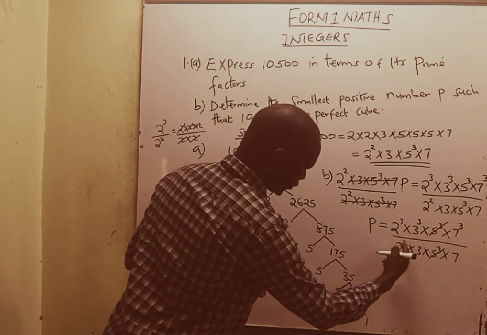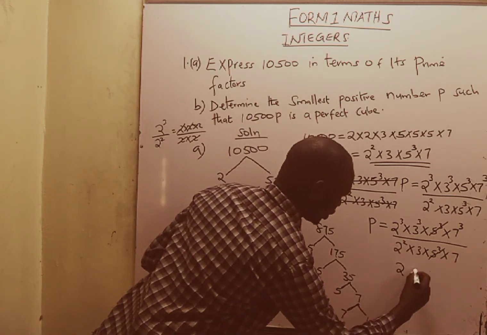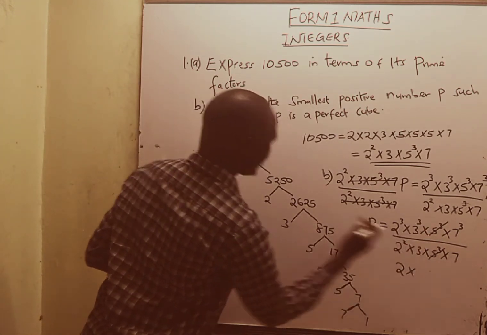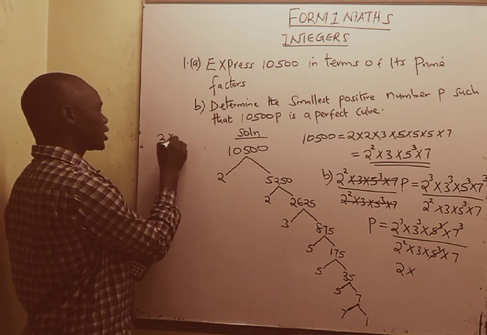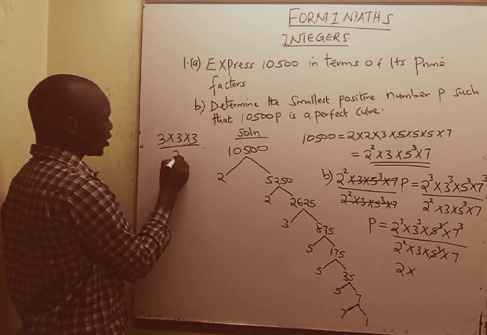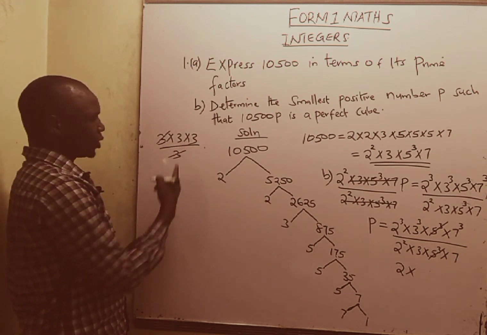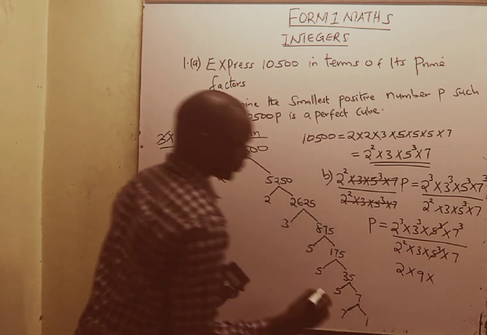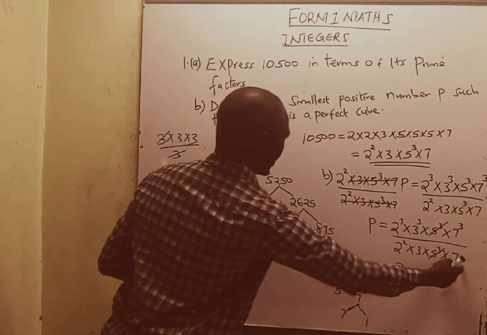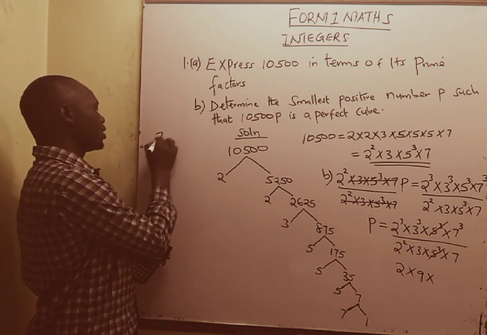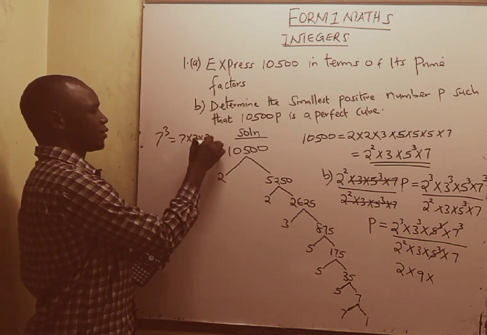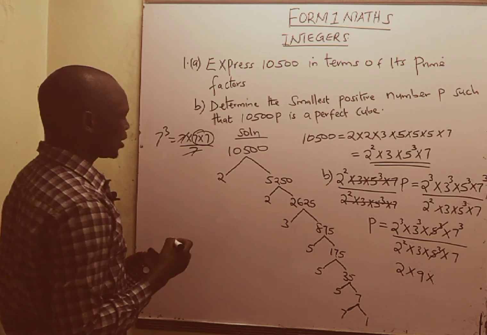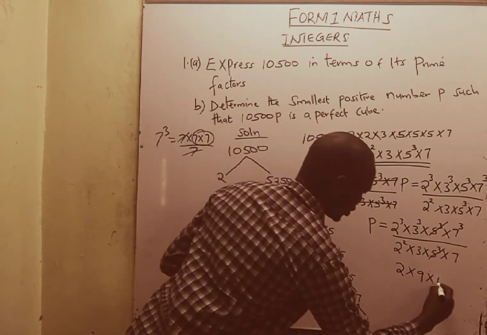So 2 cubed divided by 2 squared gives us 2. We come here again, we have 3 cubed divided by 3. 3 cubed is 3 times 3 times 3. We divide by 3, and we remain with 3 times 3, which is 9. Then we have 7 cubed divided by 7, which is 7 times 7 times 7 divided by 7, and we remain with 7 squared, or 7 times 7, which is 49.